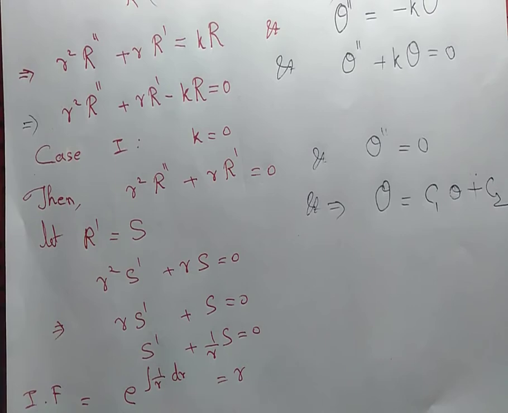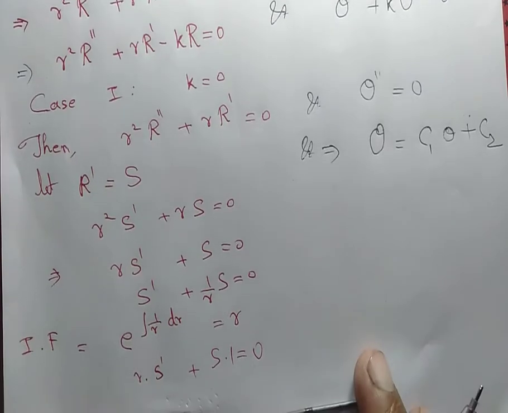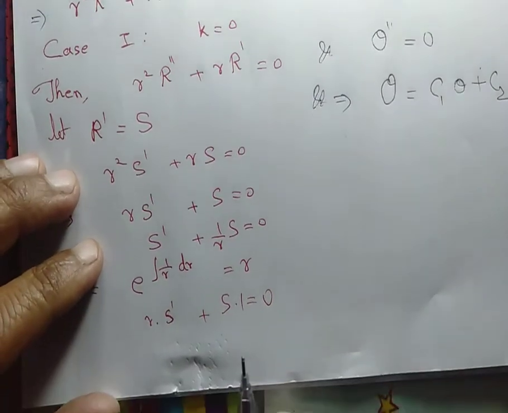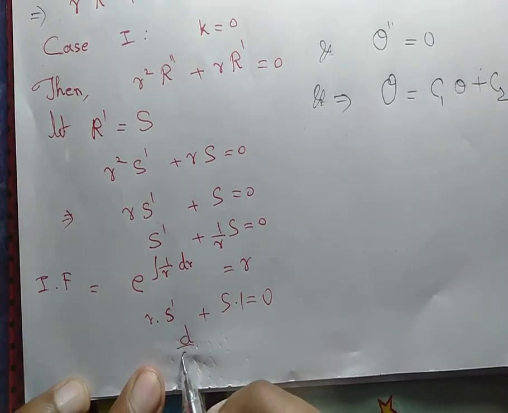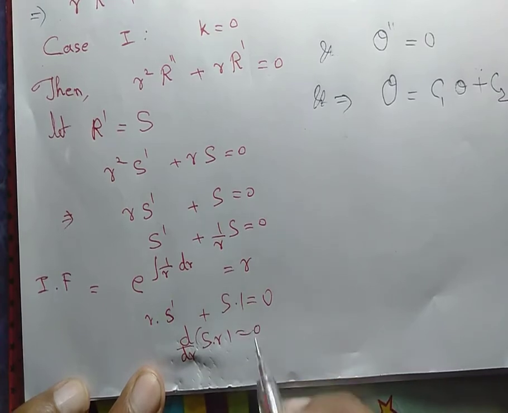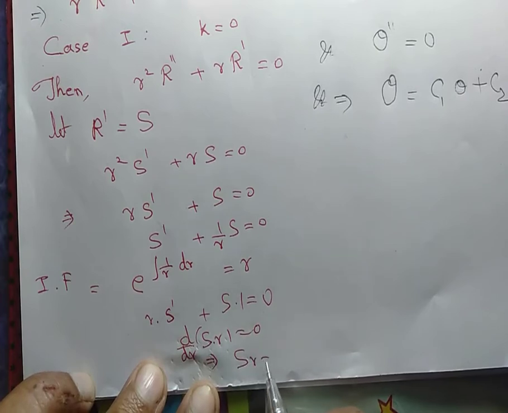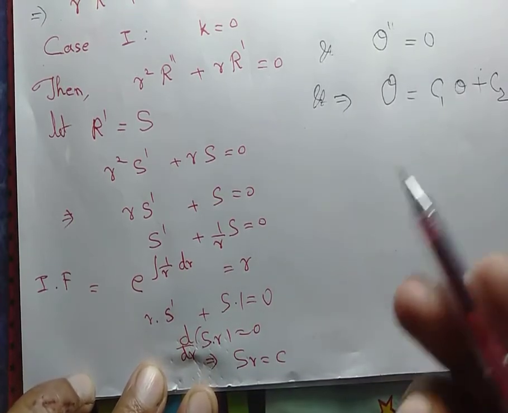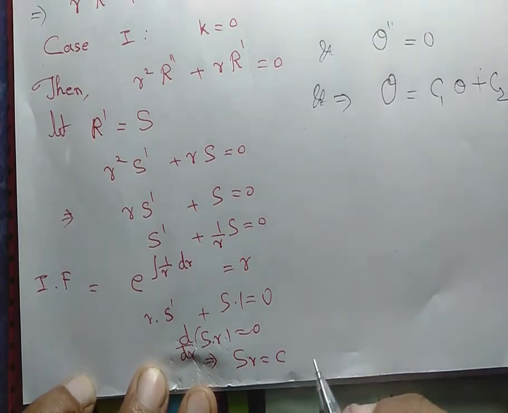And if you multiply by r, you have r into s dash plus s into 1 equal to 0. That is nothing but d/dr of s into r equal to 0. That implies s into r equal to, say, a constant. We have c1 and c2, let's write c3.